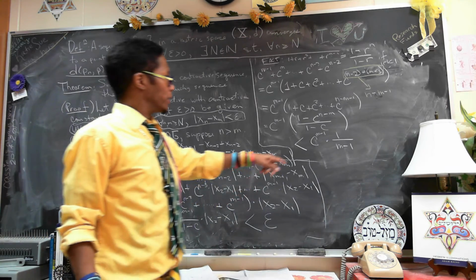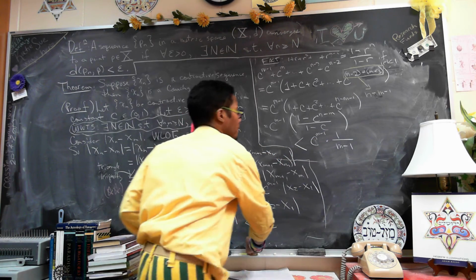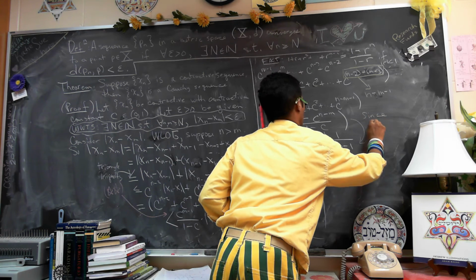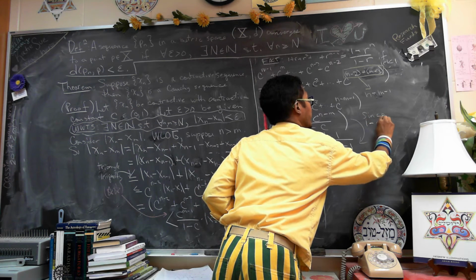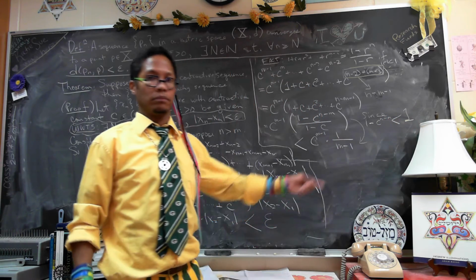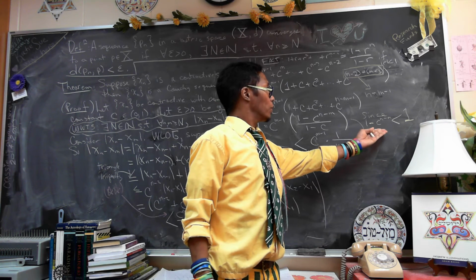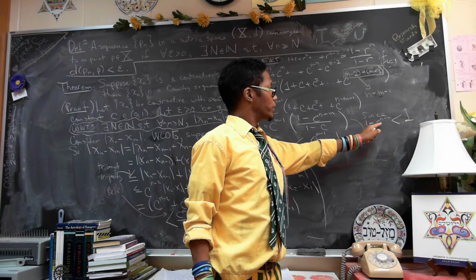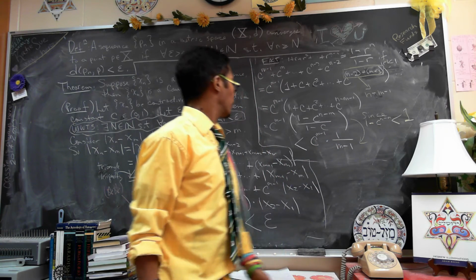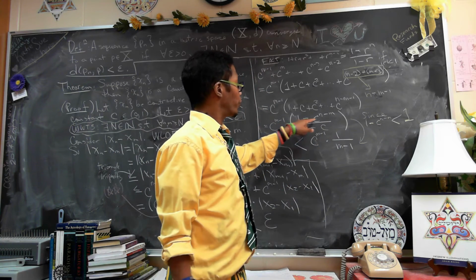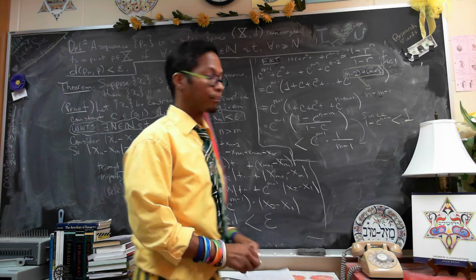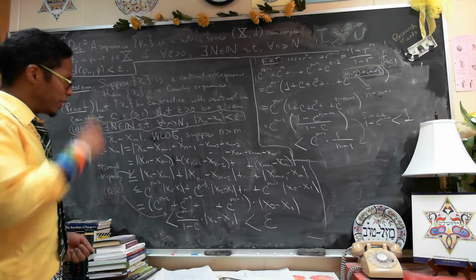That's clear, since 1 minus c to the n minus m is strictly less than 1. This is a clear fact. If I subtract c to the n minus m from 1, that makes it smaller. So I've just replaced the numerator of this fraction with something much larger, so the whole fraction becomes bigger.